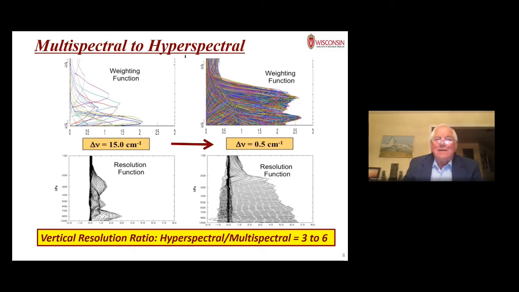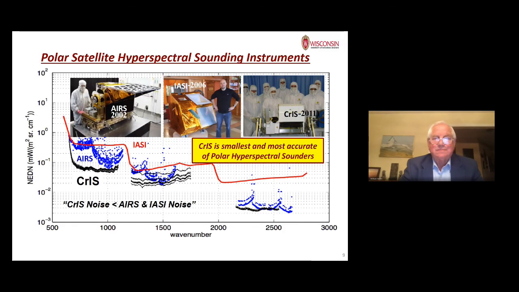And having those thousands of spectral measurements translates into very high vertical resolution, compared to a multispectral, low spectral resolution instrument. So the vertical resolution ratio between hyperspectral and multispectral ranges between 3 and 6, depending on the level. The lower you are, the greater the power of hyperspectral measurements. And that's good because we need to resolve the boundary layer and so on.